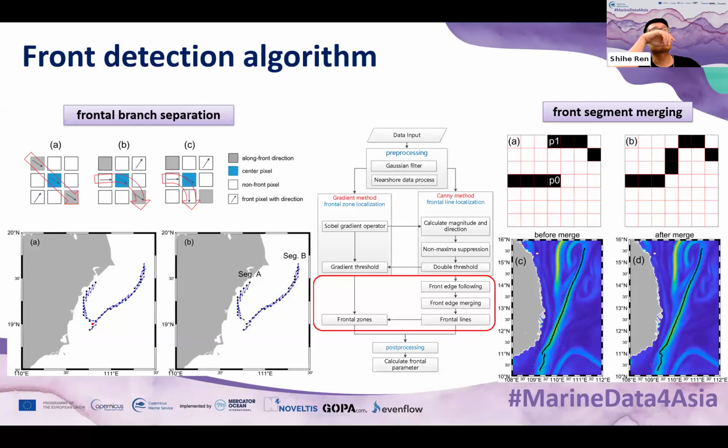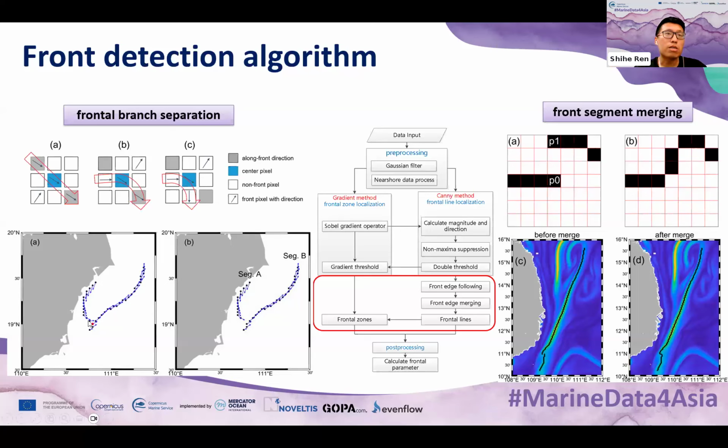For the high resolution dataset, we also add some pre-processing and post-processing procedures to ensure the detection results are balanced in frontal continuity and position accuracy. For example, on the left, we separate the frontal branch like this.